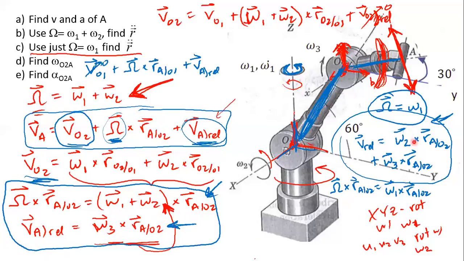It just so happens that here I've got omega 2 and omega 3 crosses in the VREL term, versus here in the VREL term there was only the omega 3. And the omega cross R term here is omega 1 cross R_A/O2. So we have omega 1 cross this, omega 2 cross this, omega 3 cross this. It's just where they come in. We're getting the same thing. So all it's doing is swapping where those things occur.